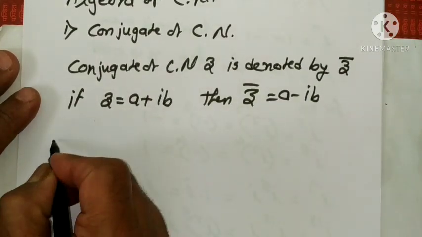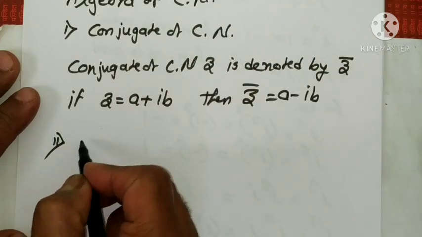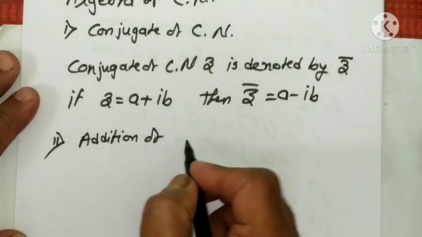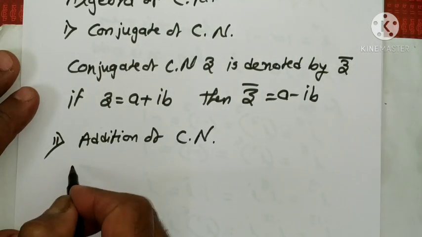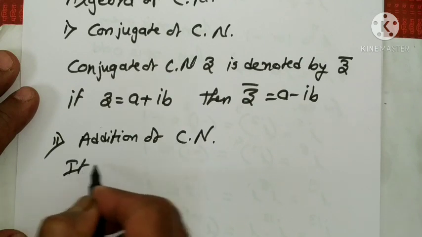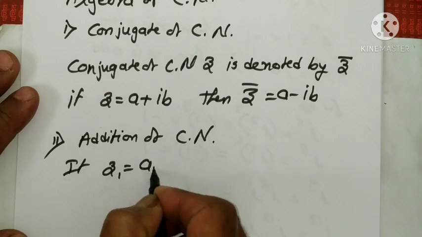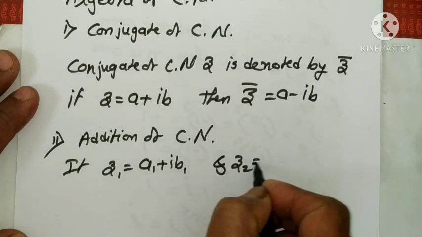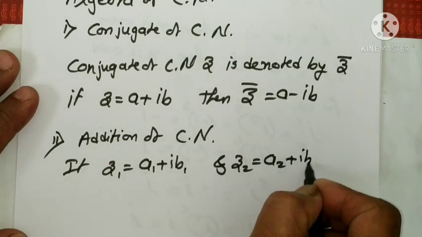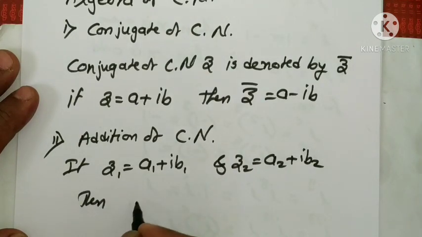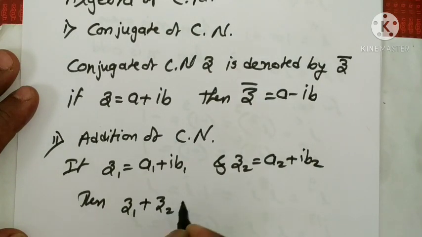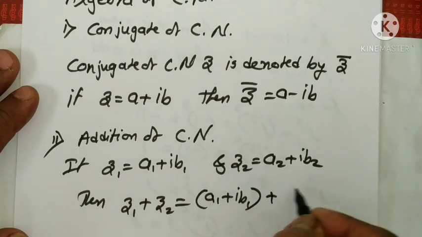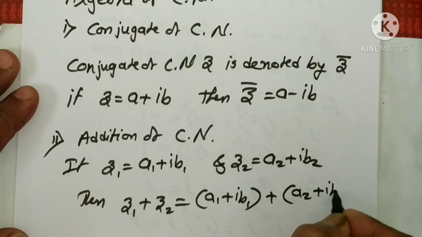Next point, addition of complex numbers. If Z1 is equal to a1 plus ib1 and Z2 is equal to a2 plus ib2, then Z1 plus Z2 is equal to a1 plus ib1 plus a2 plus ib2.